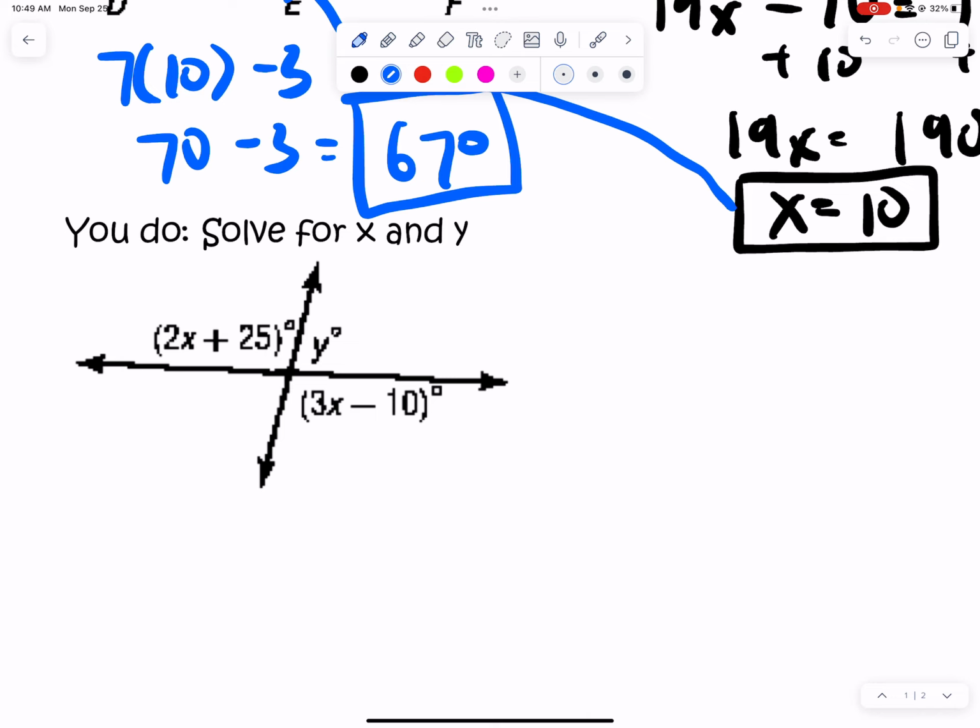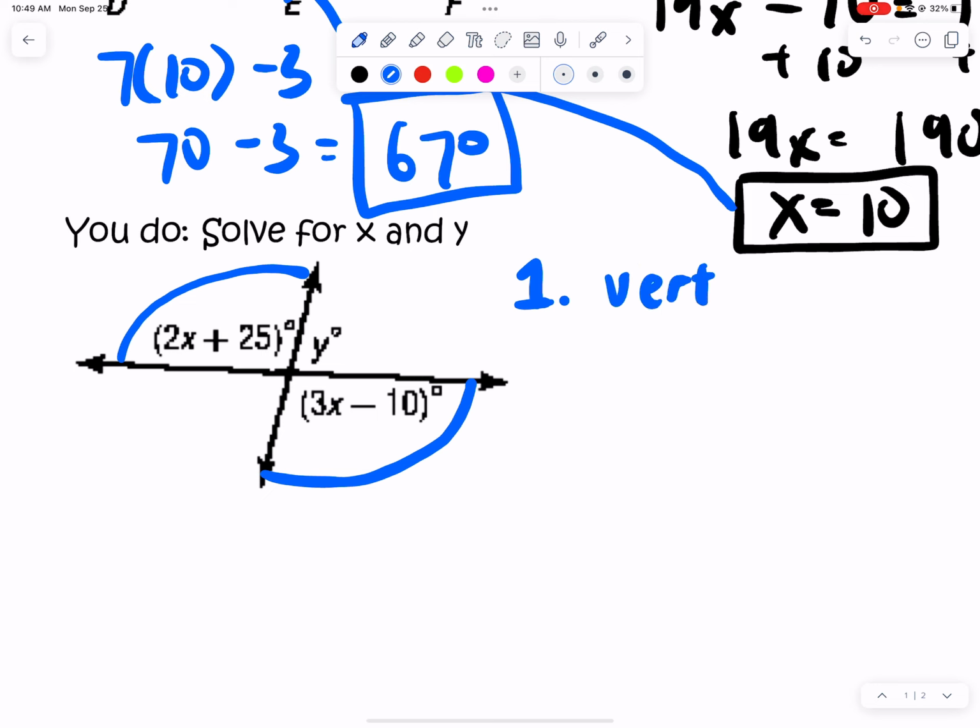Alright, so if I'm solving for this one, I would first have to look at this blue one and this other blue one. These are going to be vertical because they're opposite of each other. And in order to find y, the red angle and the blue are linear pairs.